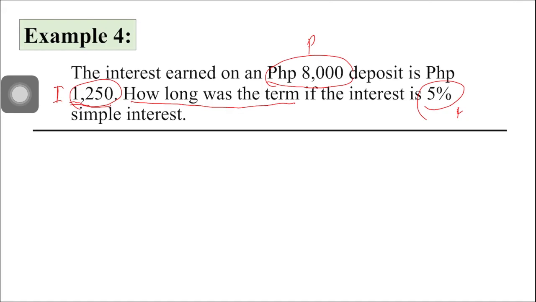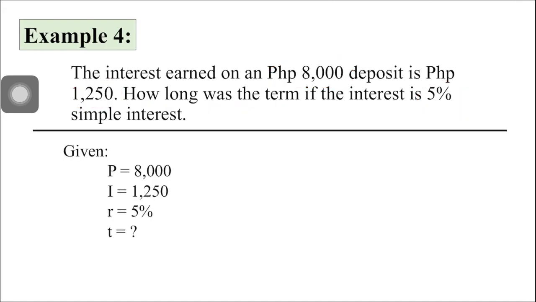What are the given? Your principal is 8,000, the interest is 1,250, and the interest rate is 5%. The question is how long was the term? So this is the missing part. So solution.